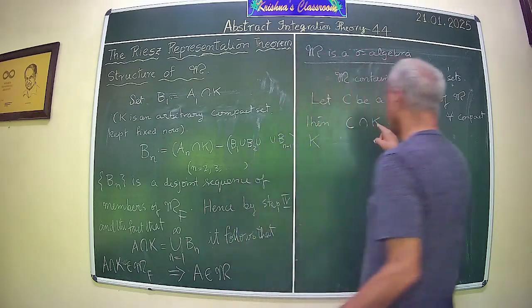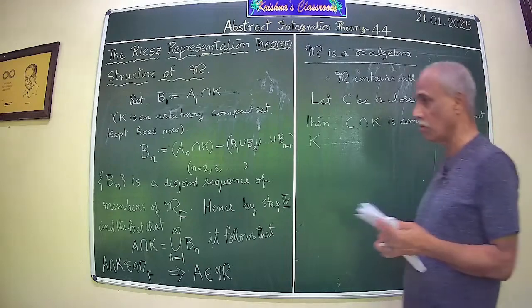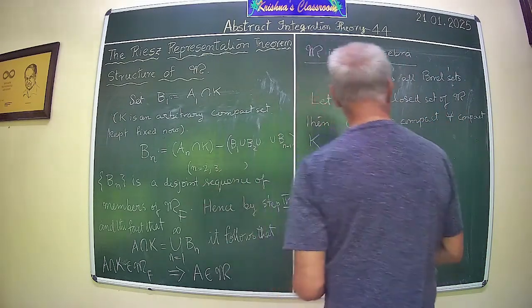It's a closed set, K is a compact set, therefore C intersection K is also a compact set, and therefore it is in MF.